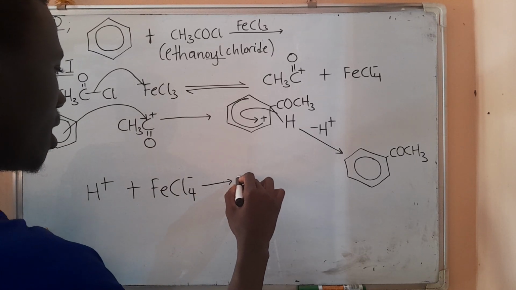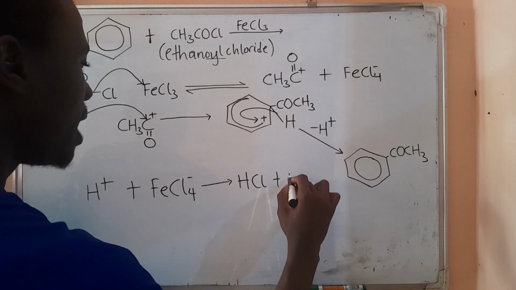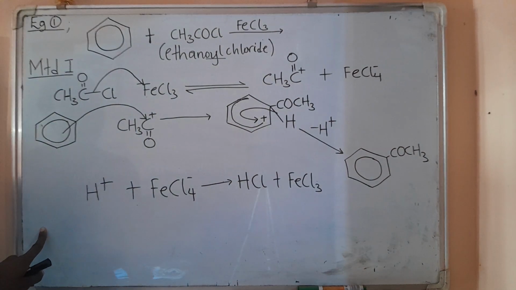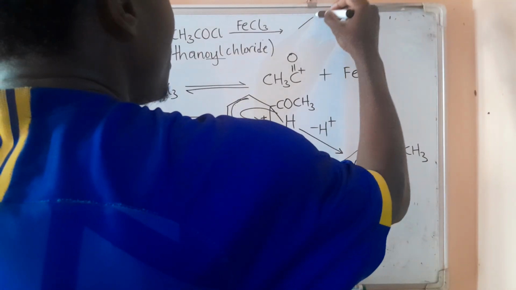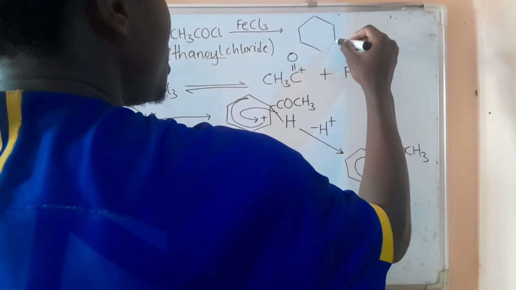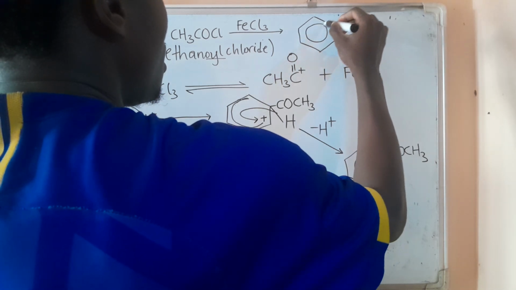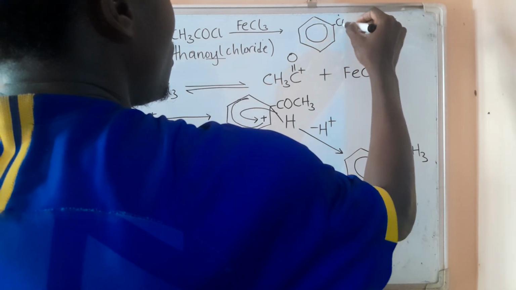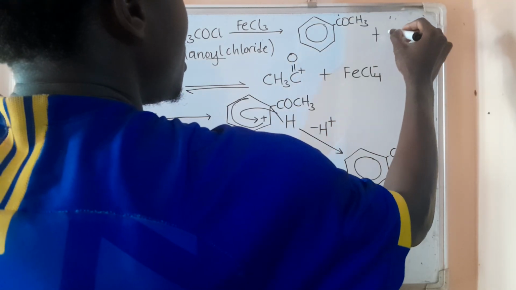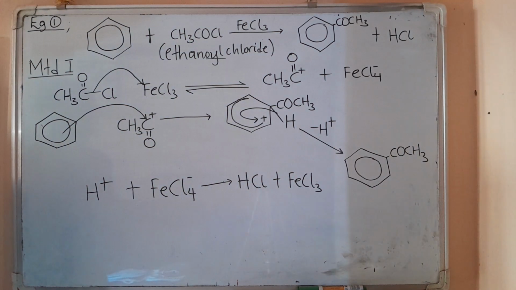Then we form hydrogen chloride plus iron 3 chloride. So my product is a benzene ring with COCH3, plus hydrogen chloride. So that is the example.